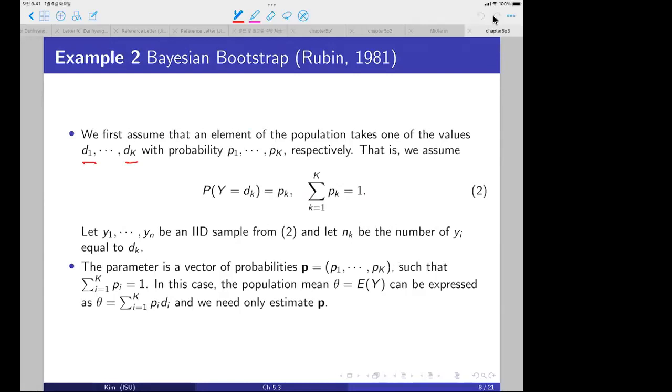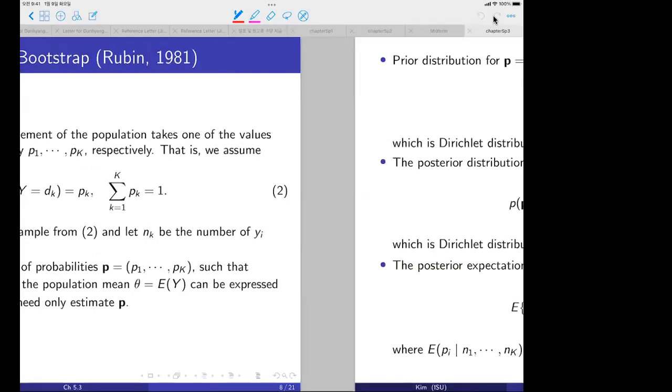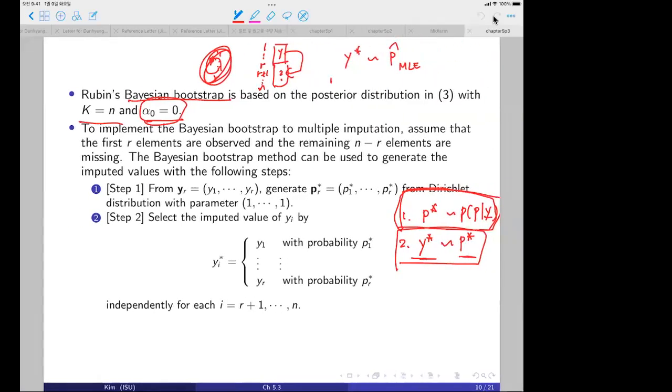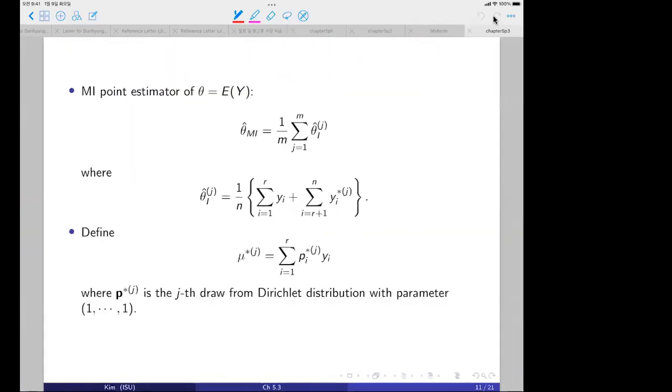Other than just empirical. So it's a very ingenious idea. I think it was developed right after Efron's bootstrap. Efron wrote a paper on the bootstrap in 1979, something like that, and then Rubin said there may be a Bayesian way of doing bootstrap.